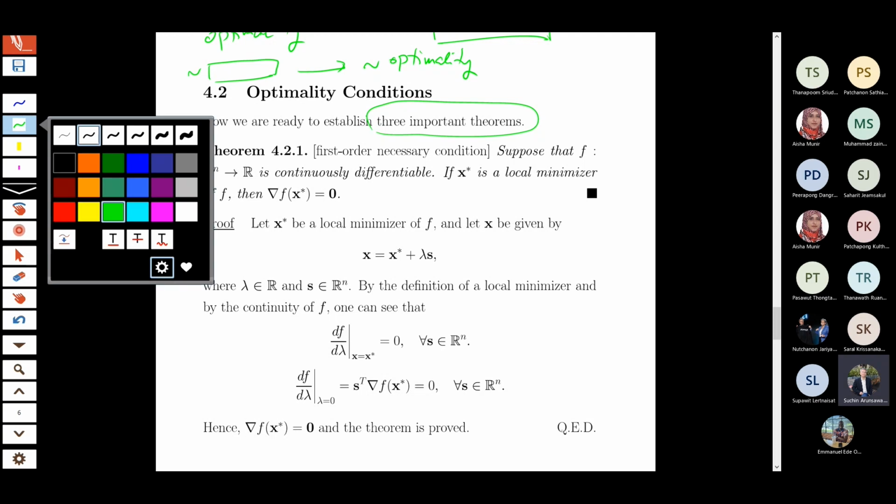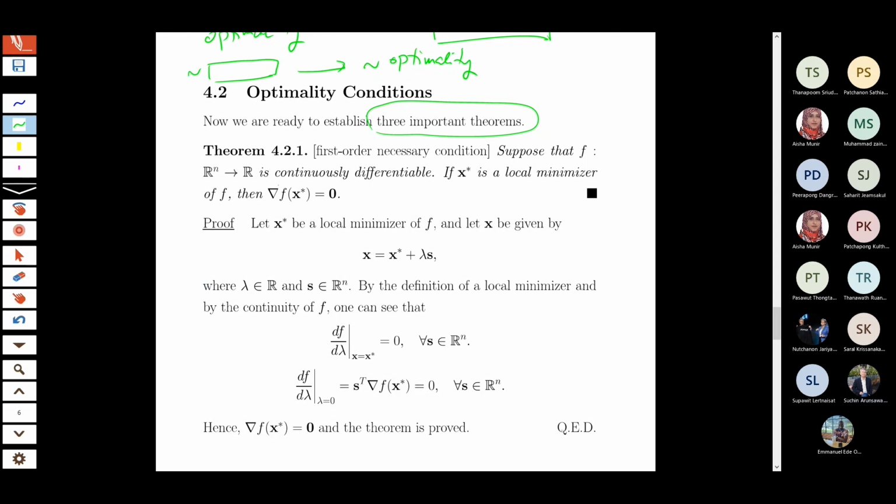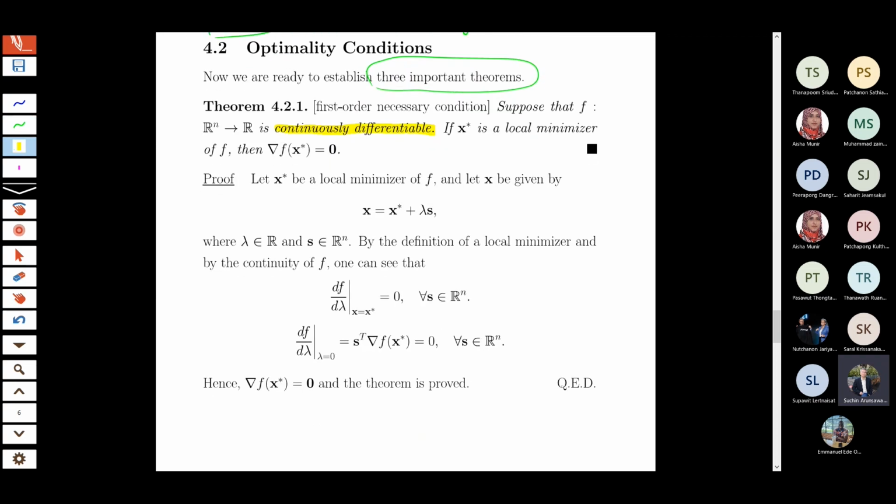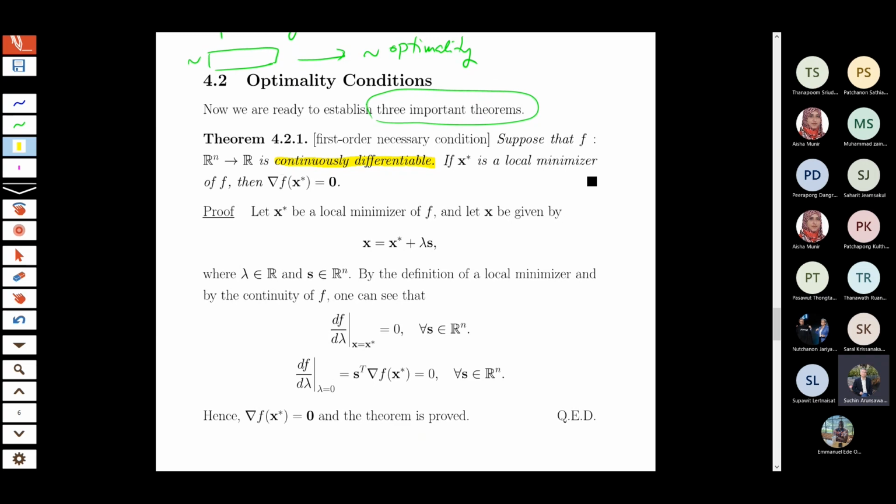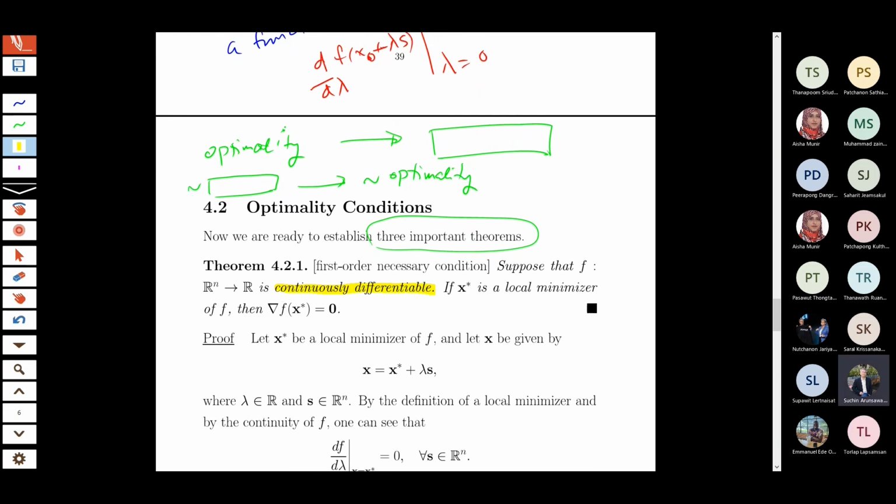This is a pretty important assumption, because you can guess that in the proof we will use the continuity of the function, right? Here we assume that x star is a local minimizer of f. Then what happens?